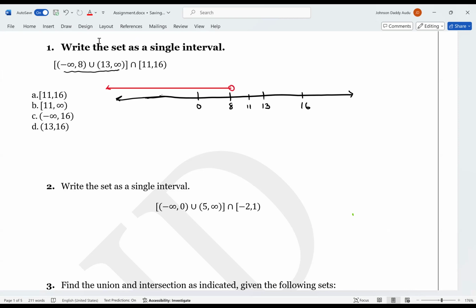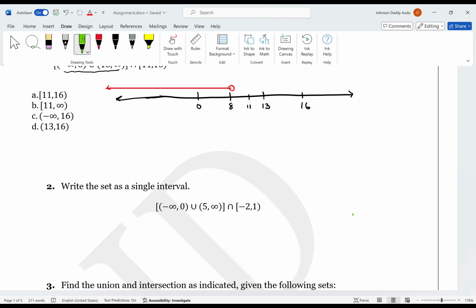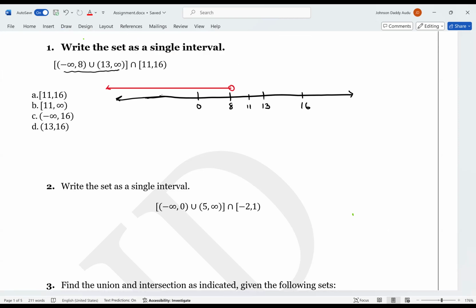Then we have another one, which is 13 open as well to infinity. Okay, now if we are asked to find this one, let's just say we're interested in the inside of the parenthesis. What is the union? The union is going to be the red part and the green part put together.